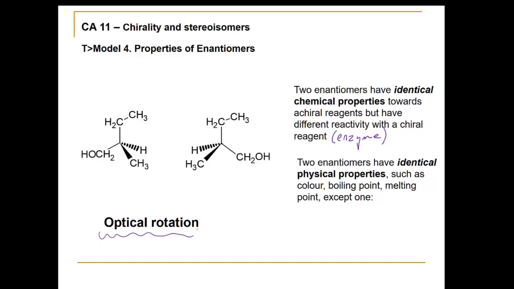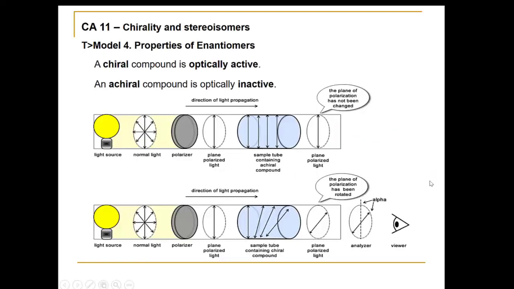It boggles my mind how scientists in the 1840s and 50s figured out, without really having a model of a molecule, that enantiomers are going to rotate plane polarized light in a different way, because that's what optical rotation means. To explain this a little bit further, I've made this diagram.